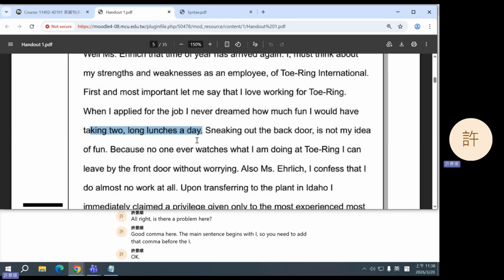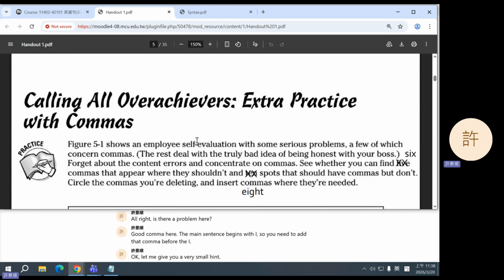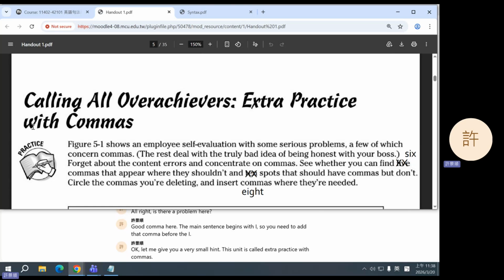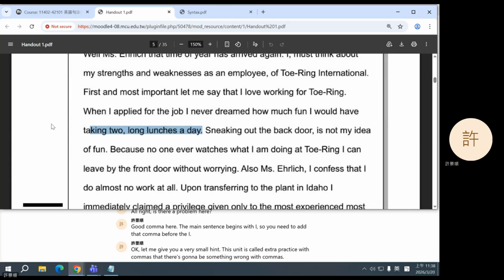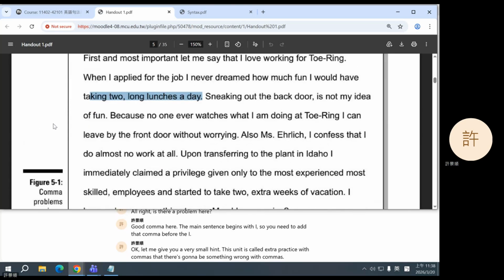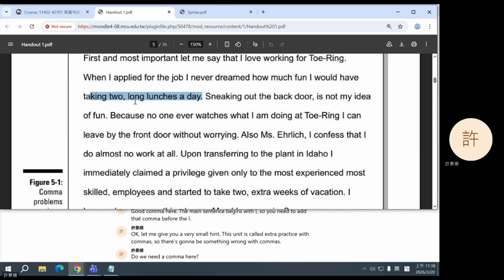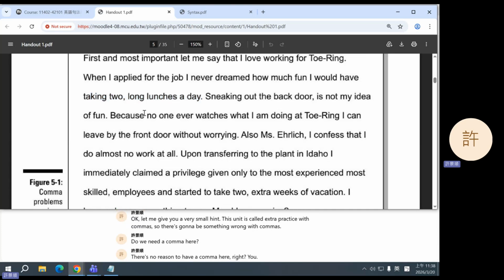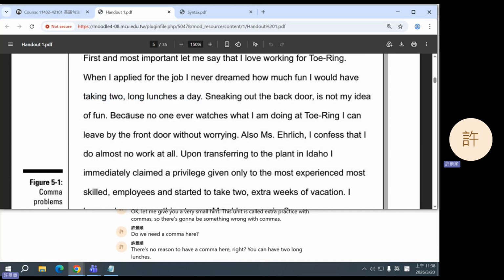Okay, let me give you a very small hint. This unit is called extra practice with commas. So there's going to be something wrong with commas. Do we need a comma here? There's no reason to have a comma here, right? You can have two long lunches, you can have one long lunch. There's no need to add this comma.